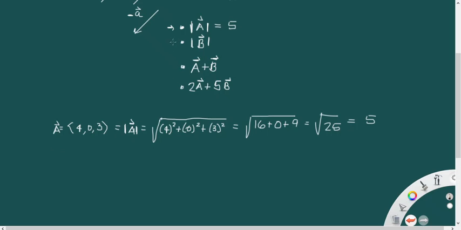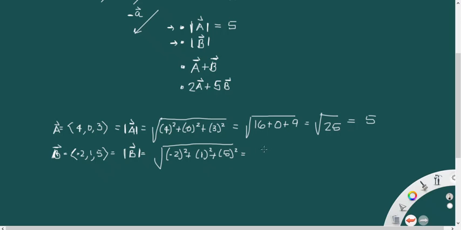Okay, let's do the second one. This vector B equals -2, 1, 5, and the length or the modulus for this vector B is going to be equal to -2 squared plus 1 squared plus 5 squared, and we're going to take the square root of that.